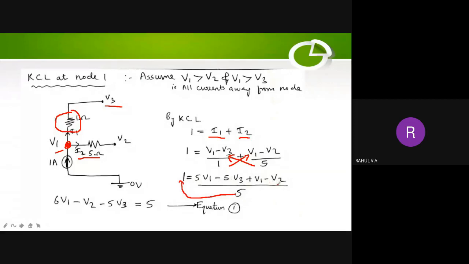So further you simplify, V1 term is there, 5V1 and 1V1, total it will become 6V1. And there is only one V2 term, that is minus V2. And then we have a V3 term, minus 5V3. So 6V1 minus V2 minus 5V3 is equal to 5. So that is your first equation.